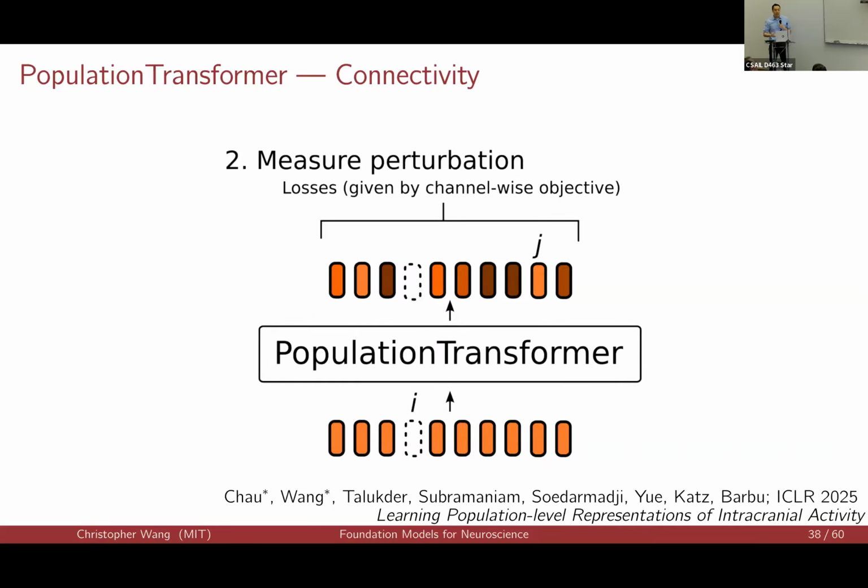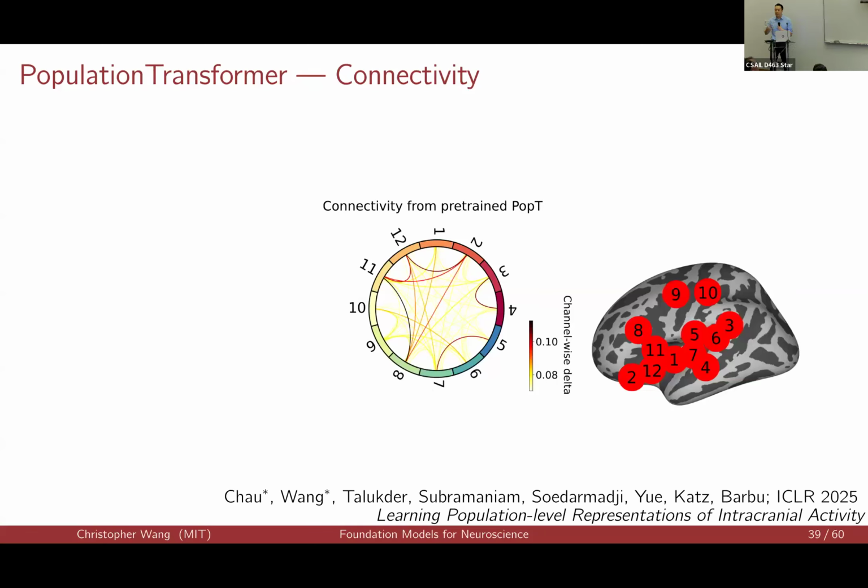The inference we make is that if another channel has its performance greatly perturbed, then there was a relationship between those channels. One channel was very useful for predicting what's happening at the other channel. We do this for one channel at a time, check all pairs, and average across all pairs, and we get a map of how regions are connected.